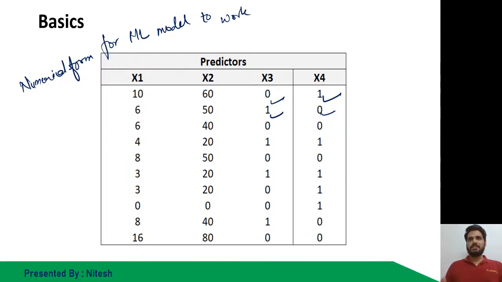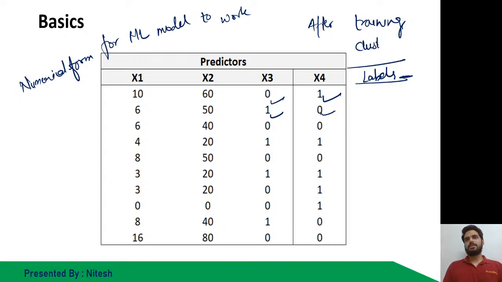After you have defined these things, after training, a new column will be generated as labels. So these labels are nothing but the clusters. You have to define how many clusters you want.